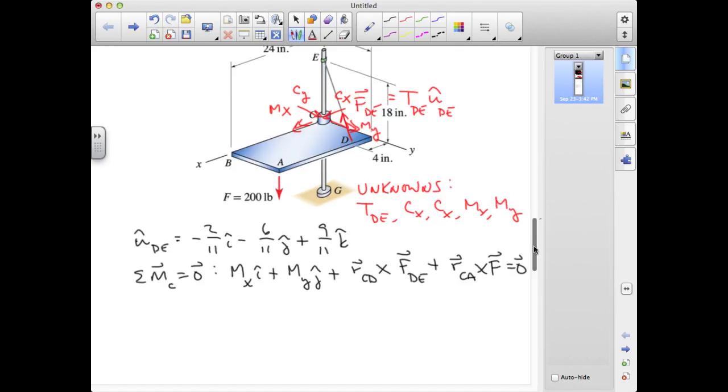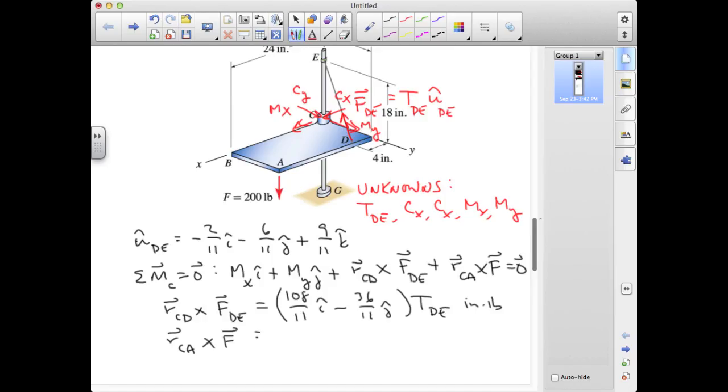Having evaluated those last 2 terms already in the previous problem, I'll just write down the result. It turned out that we had rCD cross FDE equal to this, and rCA cross F was equal to this.